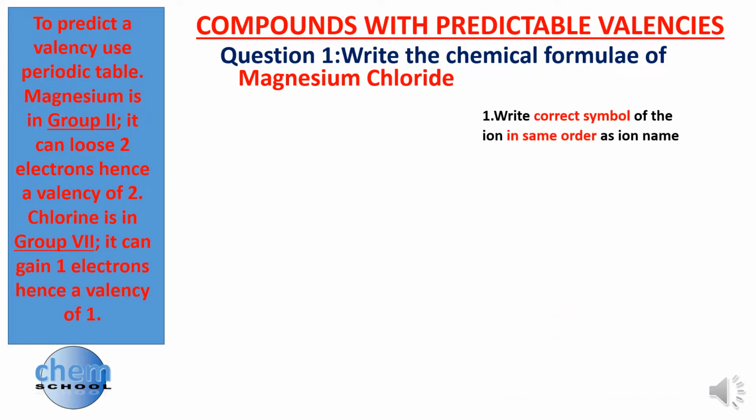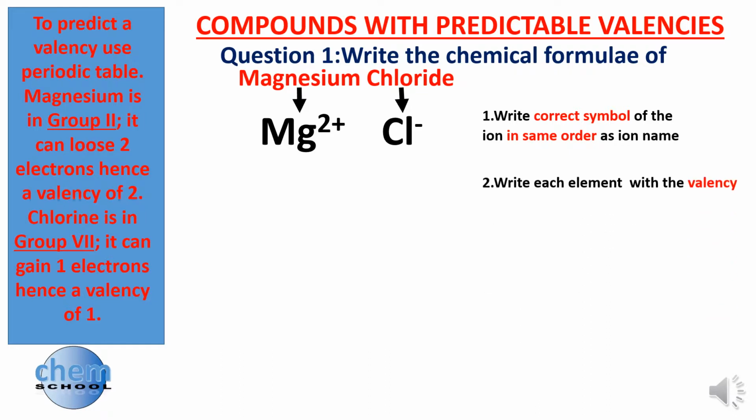So to write it, we follow the following steps. 1. Write the correct symbol of the ion in the same order as the ion name, just as shown below. Then, write each element with its valency.